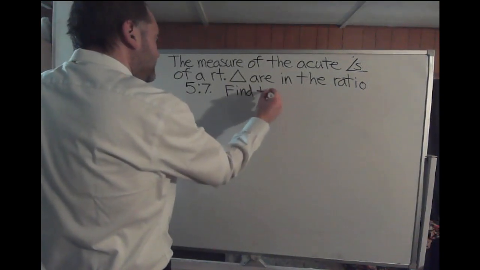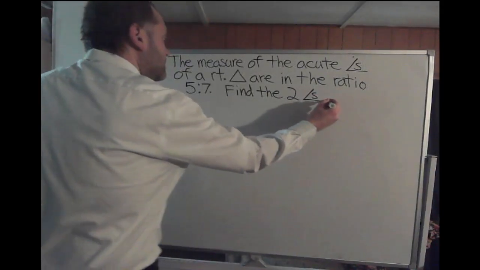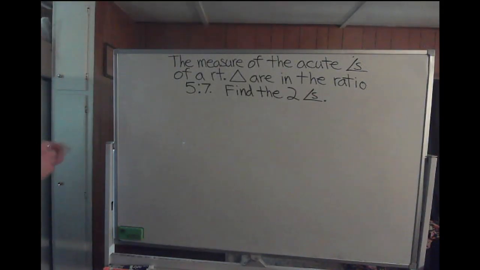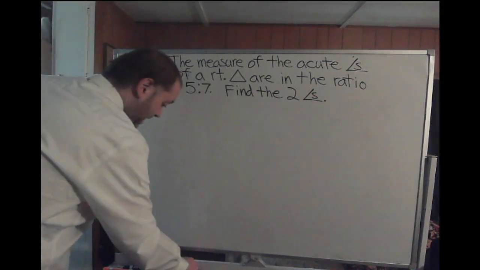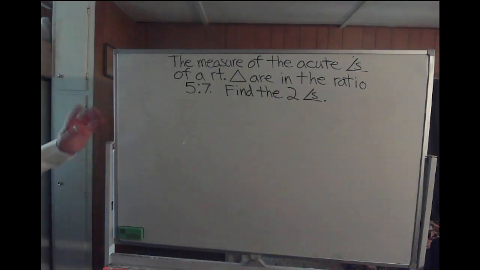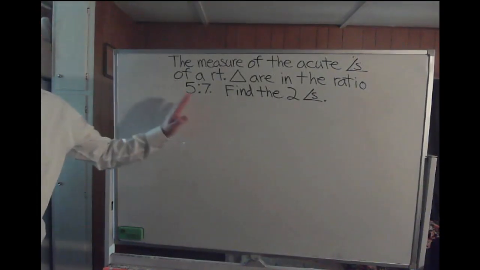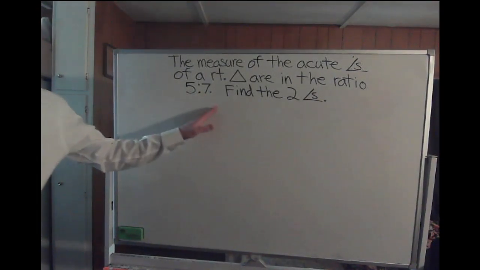Find the two angles. So this is a good one because this brings in a very important theorem that we had earlier in the course. So the problem is the measure of the acute angles of a right triangle are in the ratio 5 to 7. Find the two angles.